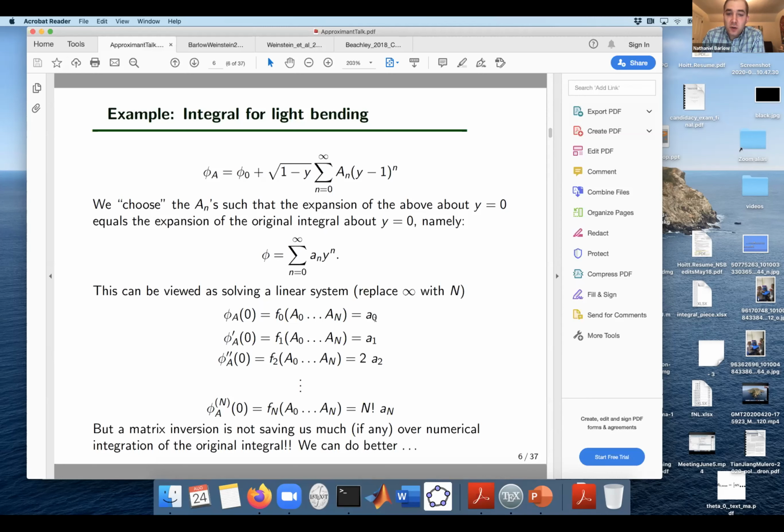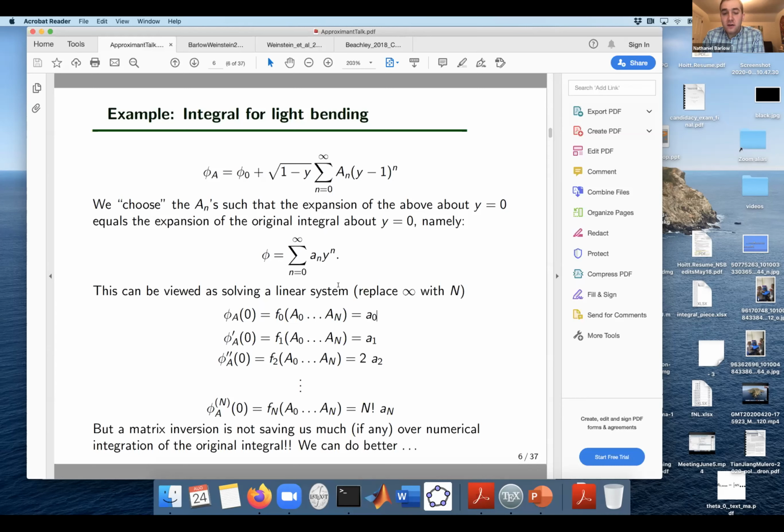And this has to equal little a sub 0 for it to at least match the value at 0, right? And then we try to match the derivative at 0, the second derivative at 0, et cetera. And we get this linear system of equations that you have to solve in order to figure out what the capital A's are. And once you do this, you're set.